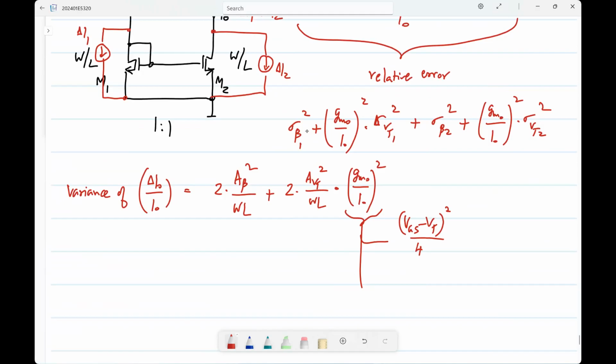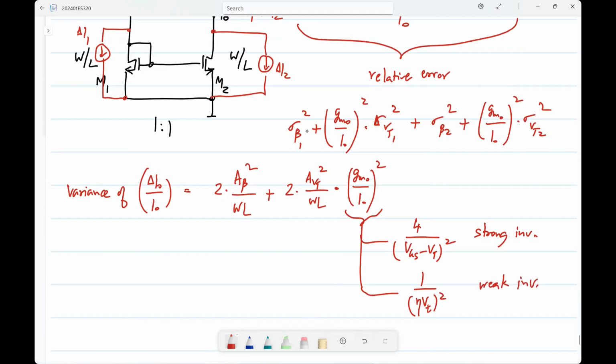What is it? Oh, sorry, the opposite, right? So this is in the strong inversion region, and that is in the weak inversion region.